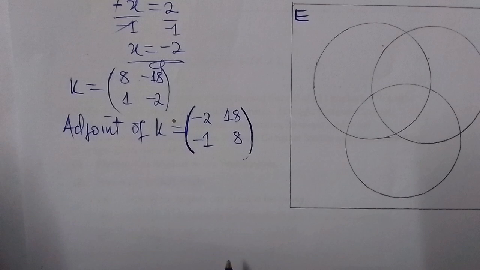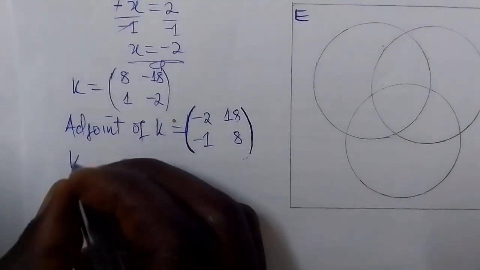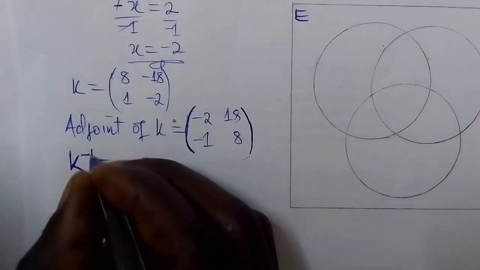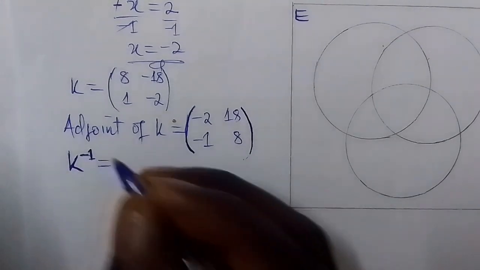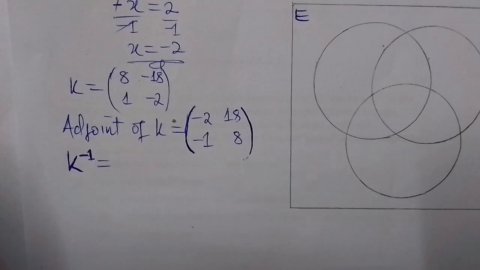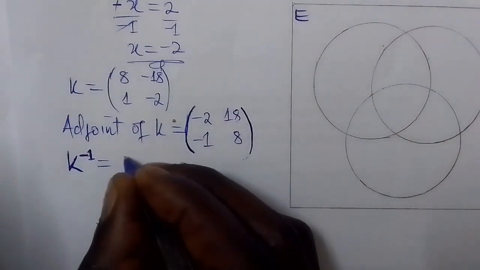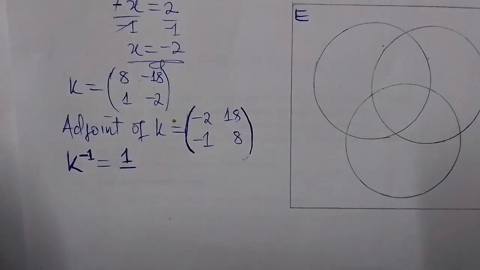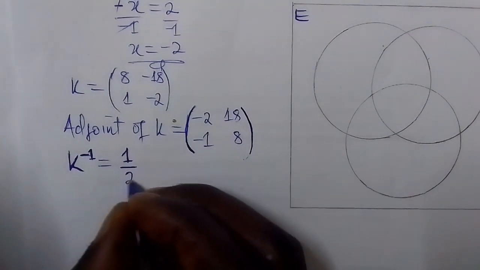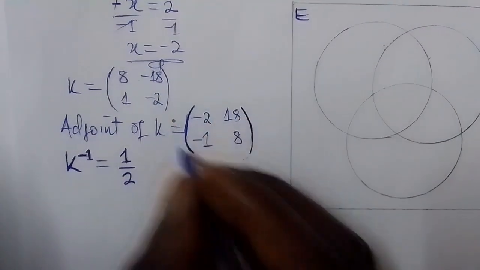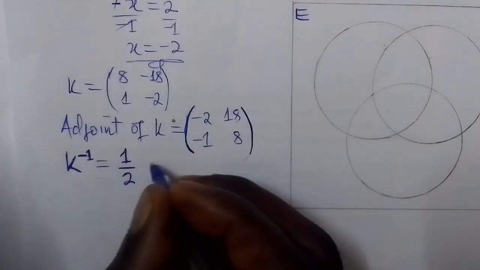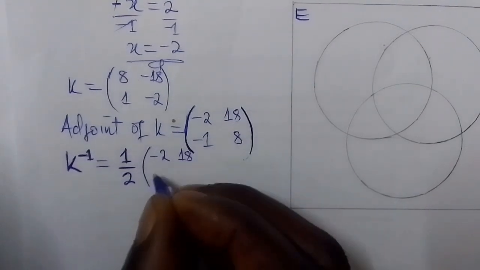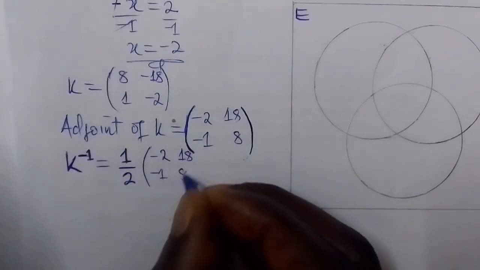Then we now get the inverse. K inverse, which is the inverse of matrix K, is obtained by writing 1 over the determinant. The determinant is 2 for matrix K, so 1 over the determinant multiplied by the adjoint of matrix K, which in this case is negative 2, 18, negative 1, 8.